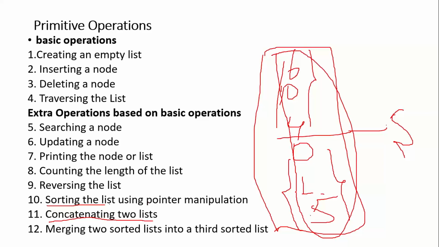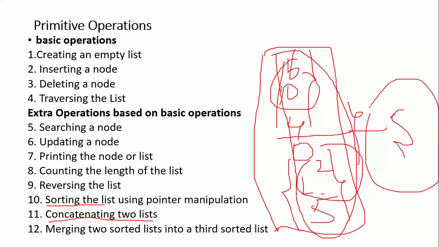It involves so many steps. So I hope you understand how you merge to sort. This is the first list, this is the second list. You sort this list, you sort this list, merge these two lists, and again you have to sort, because after merging they are not in a sorted manner. So again you have to sort the third list also.